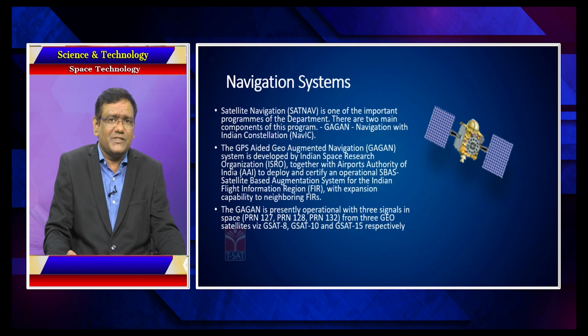The flight information system, that's where we use this GAGAN system. So this GAGAN is presently operational with 3 signals in space, from 3 GEO satellites, that is GSAT-8, GSAT-10 and GSAT-15 respectively.